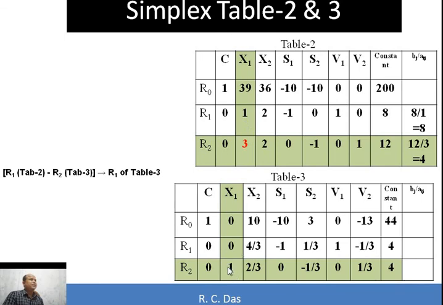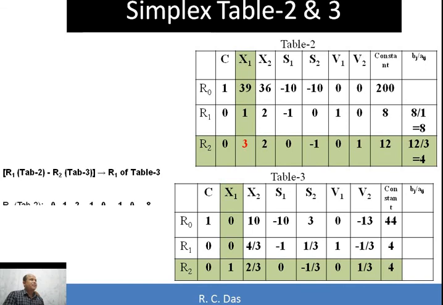We have to make it 0. So simply we deduct row 2 of table number 3 from row 1 of table number 2. That is, row 1 of table number 2 minus row 2 of table number 3 will give row 1 of table number 3. Simply, because it is 1 and this is also 1.